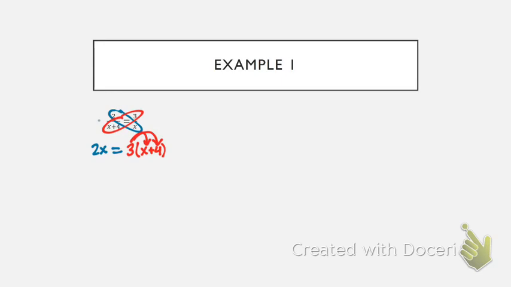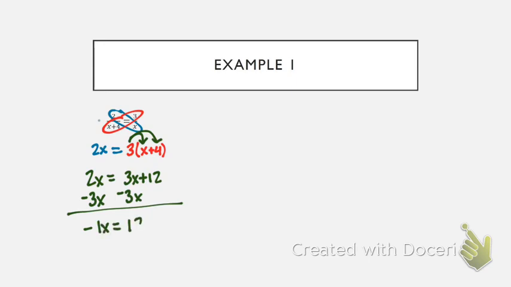So now we need to distribute, because at this point all I'm doing is solving for x. I distribute over here, and I get 3x plus 12. So after we cross multiply, this becomes fairly simple, and x equals negative 12.